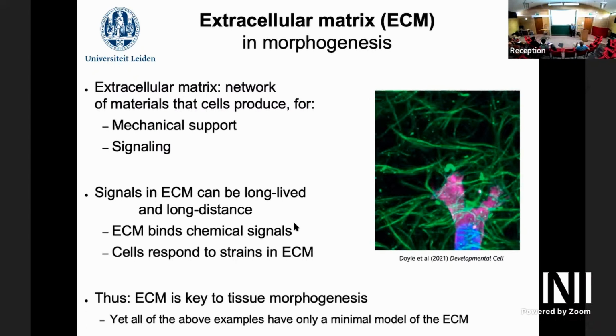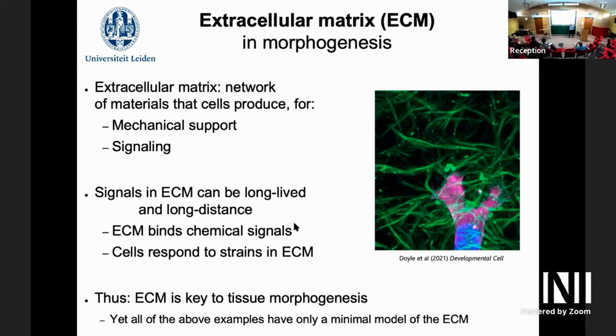All of the examples that I showed in my introductory slide had only a minimal model of these things. So what I'm going to do now is show you how you can introduce the ECM into the cellular Potts model. I'm going to show you three ways, actually. First, how you can have some kind of piece of substrate, and how cell motility can be modified by this substrate.